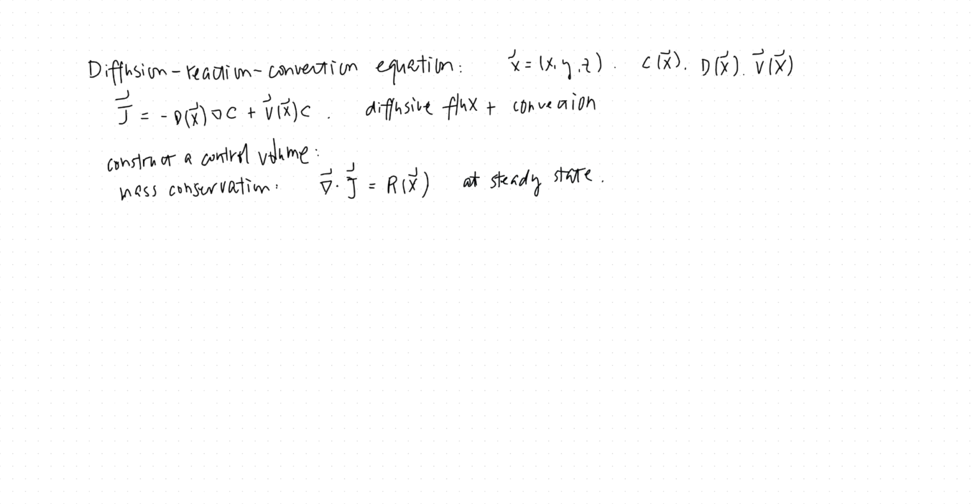The non-steady state, you can show that the change of concentration over time equals minus the divergence of J plus the source term. And in either case, you can expand it. So let's plug in the expression of J.